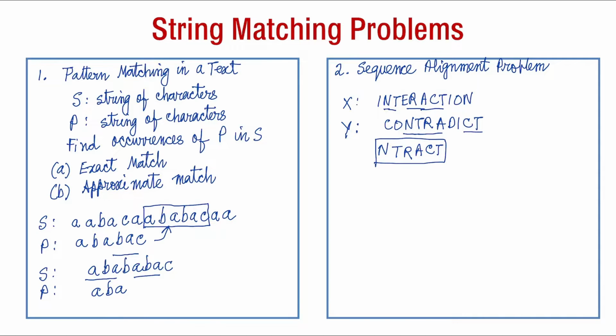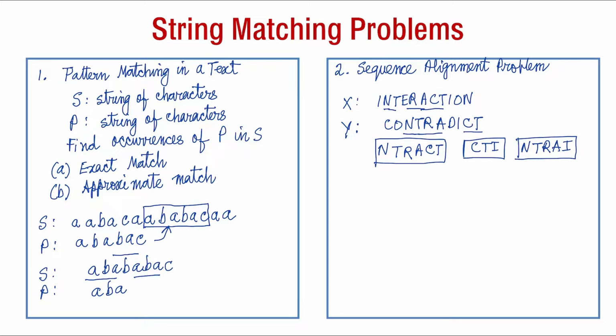There are other sequences which match also. For example, C, T, I is a match. Another match is N, T, R, A, I. These are all matches.